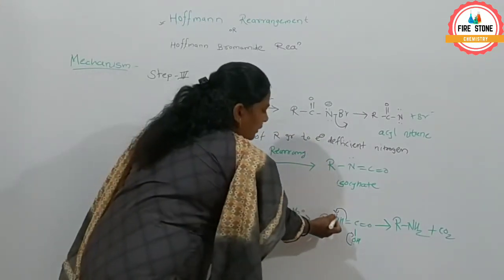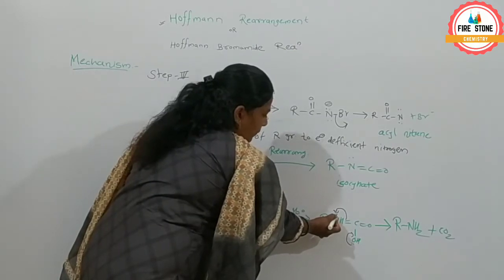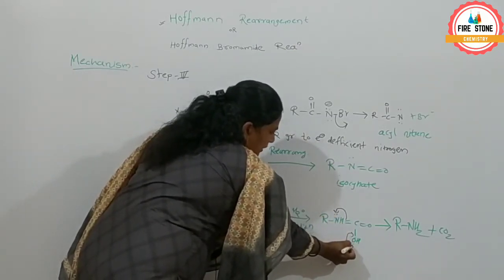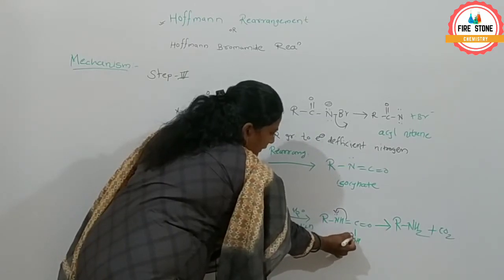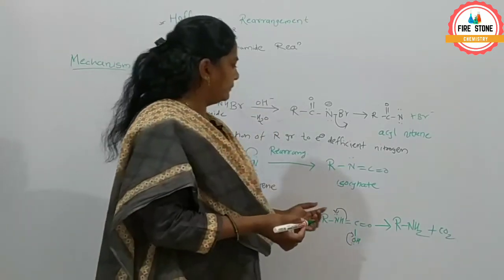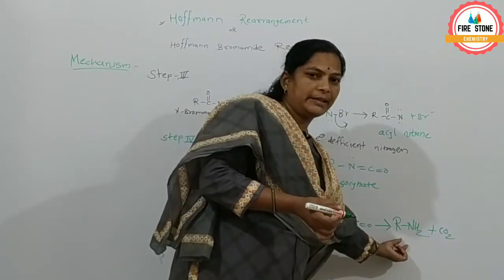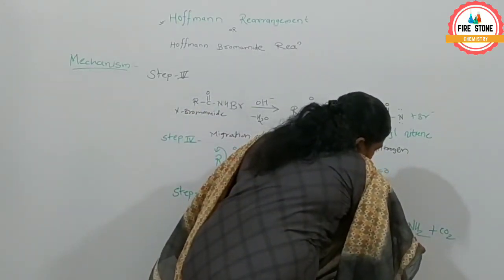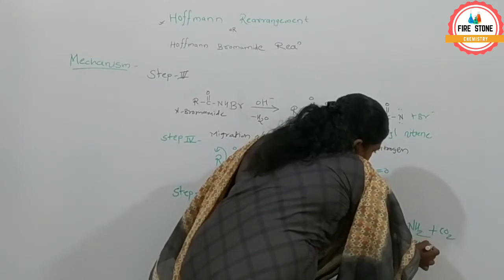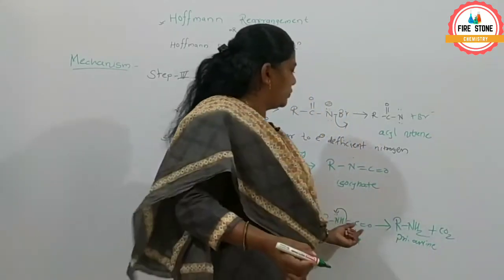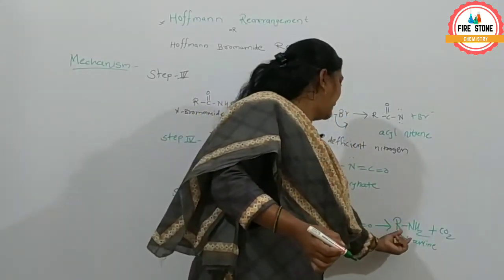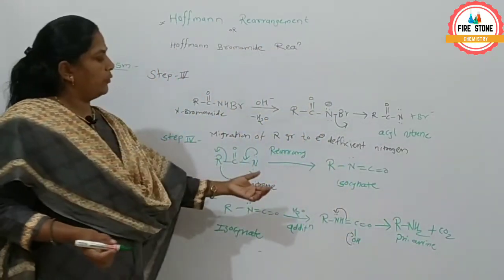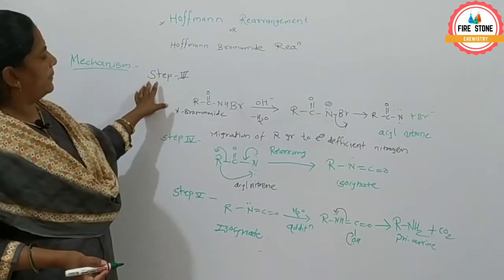On nitrogen there is a lone pair, and the lone pair on this OH shifts here, and we get RNH2. Here CO2 is removed and we get the product primary amine.